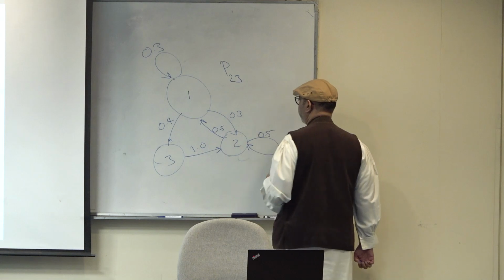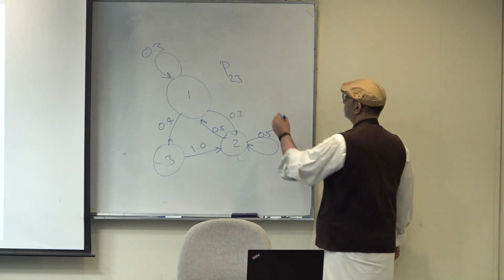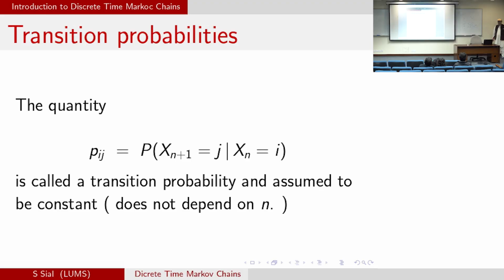So then, what's P of 2, 3 in this example? Right, P of 2, 3 means what's the probability that if you are in the state 2, that next the system will be in the state 3? 0. There you go. Okay.